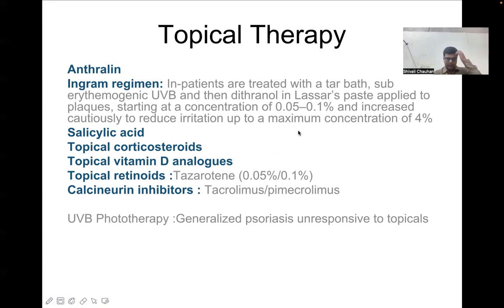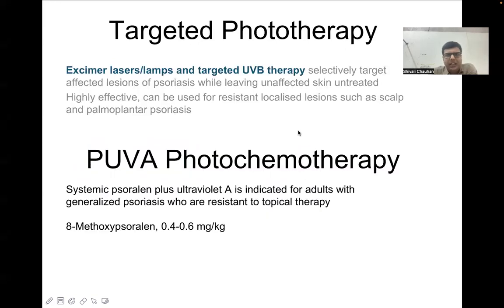Other topical treatments are salicylic acid in combination with topical steroids, topical vitamin D analogs, topical retinoid, tazarotene, and topical calcineurin inhibitors like tacrolimus and pimecrolimus. UVB phototherapy is generally used in psoriasis responsive to topical therapy. Then we have targeted phototherapy, excimer lasers, lamps, and targeted UVB therapy selectively targets affected lesions of psoriasis while leaving unaffected skin untreated.